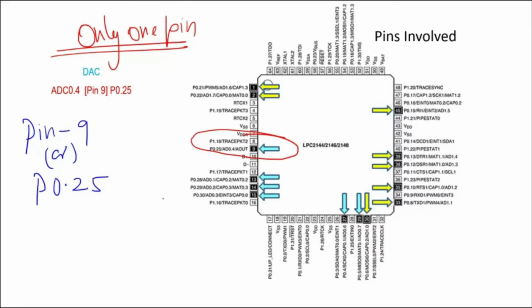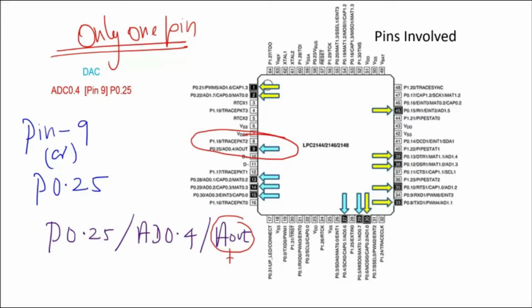What are the multiple functionalities of that particular pin? Port 0.25 is the default function. Analog to digital converter 0, channel 4 is the first special function. The second special function is analog out, which is our DAC.